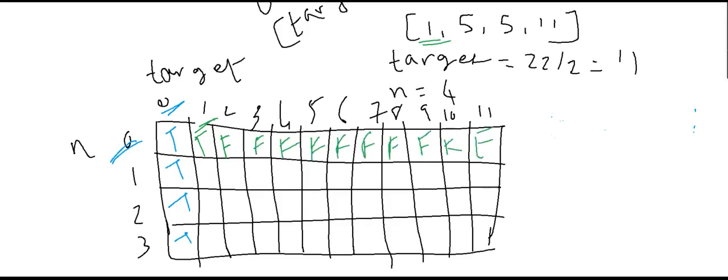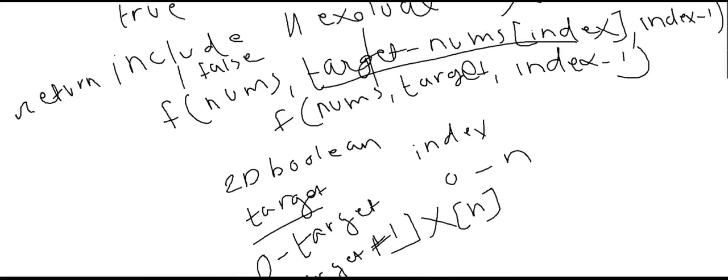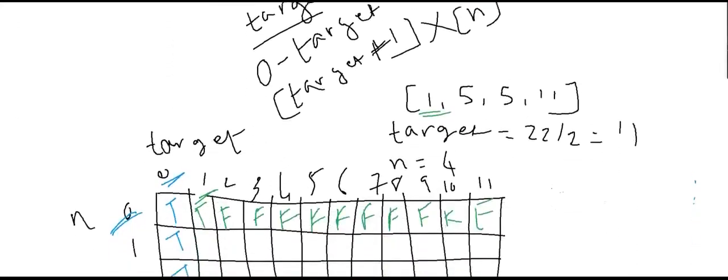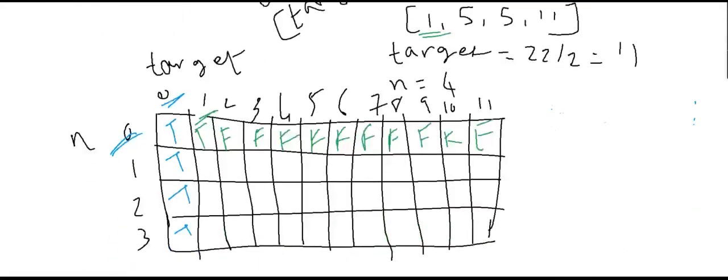Now we're going to iterate row by row, because whatever values we need are from the previous row, and the column is target minus something, right? So if we look at this cell, what will be the value? We need to do include and exclude.